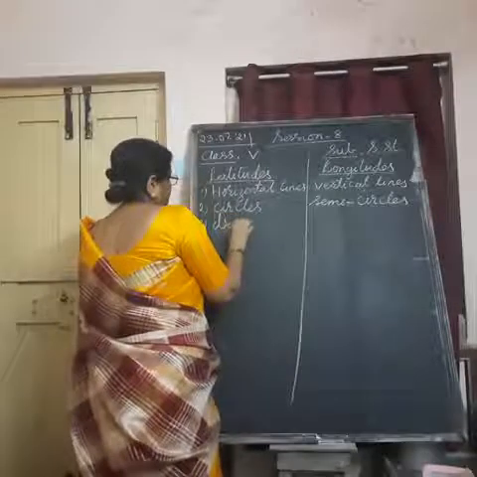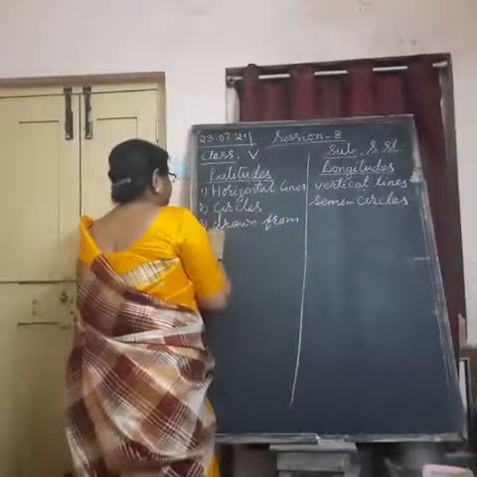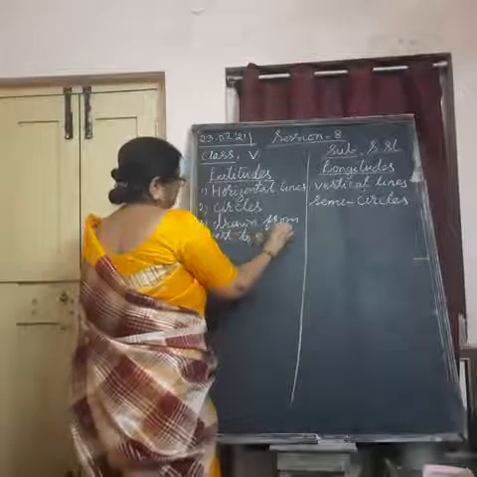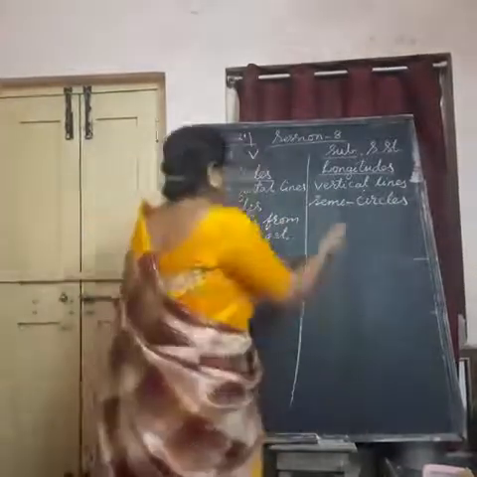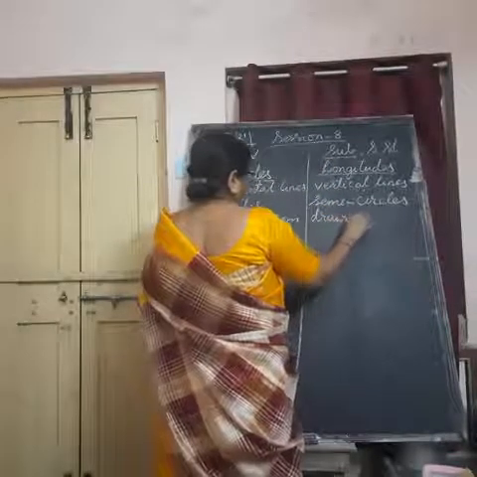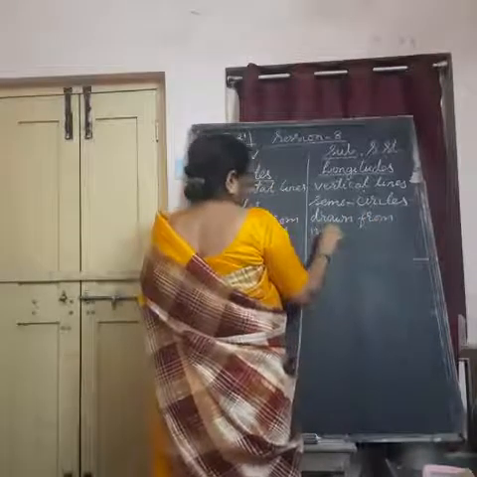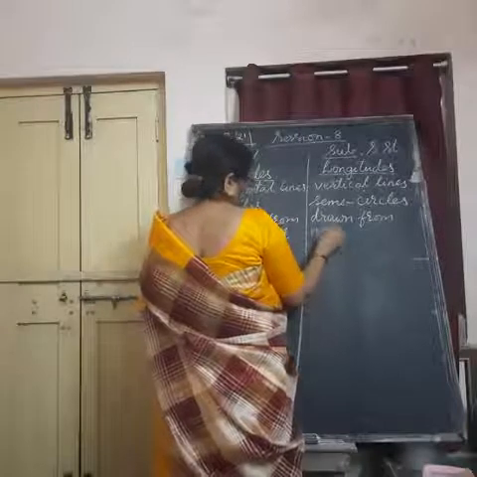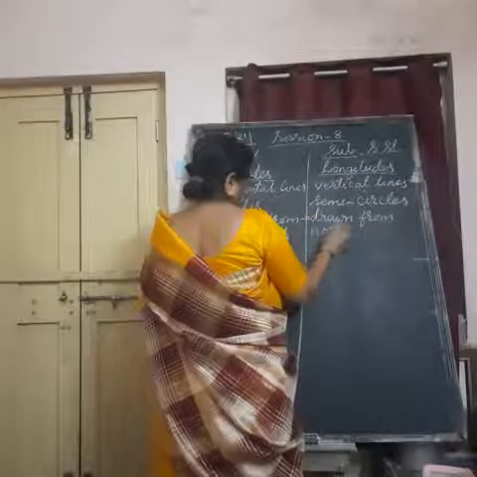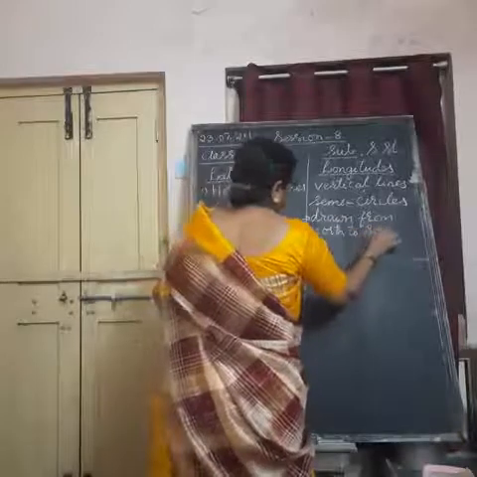Latitudes are drawn from west to east, and longitudes are drawn from north to south.